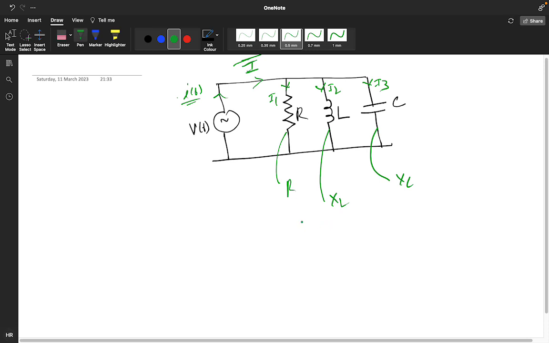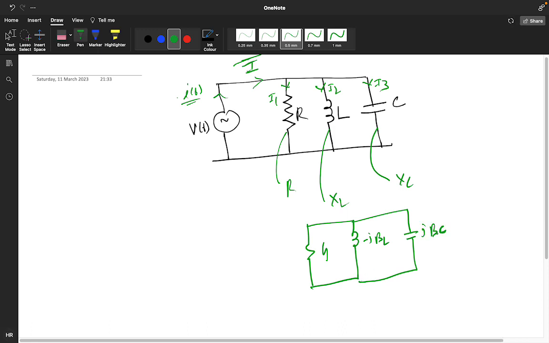If you want to write in the form of admittance, you can write like this: G, this is your minus J BL, and this will be J BC. This particular is V of t.